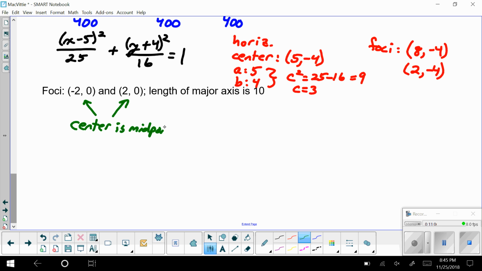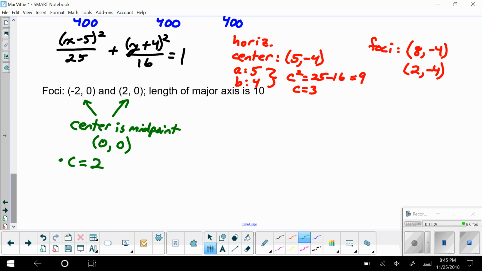So I can tell from the foci that my center is going to end up being 0, 0. I can also see that C is going to be 2. Because remember, C represents moving from the center to one of the foci. And I move 2 units from the center to get to 2, 0. I move 2 units from the center to get to -2, 0.